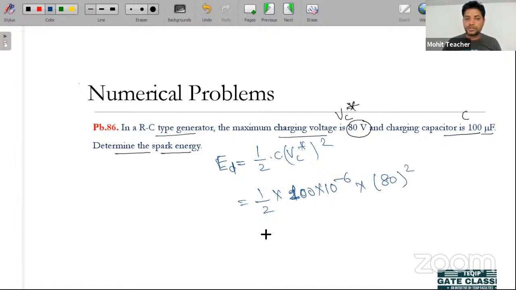That is 80 volt. So tell me the value. Miranjan, are you calculating?